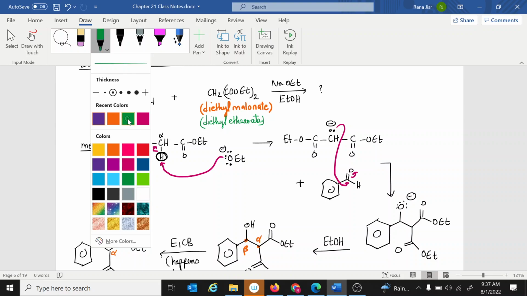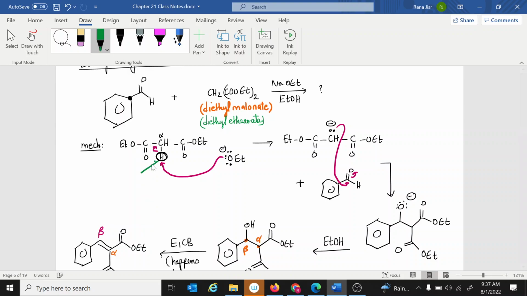So I'm just going to put this as a note that this is an acidic alpha hydrogen, and it is more acidic than if the aldehyde has an alpha hydrogen.